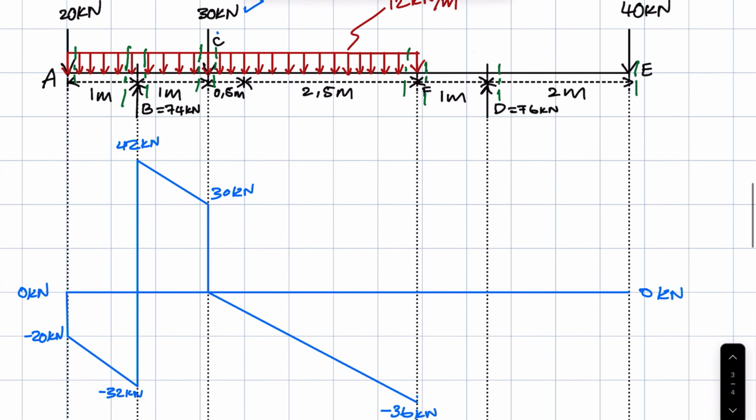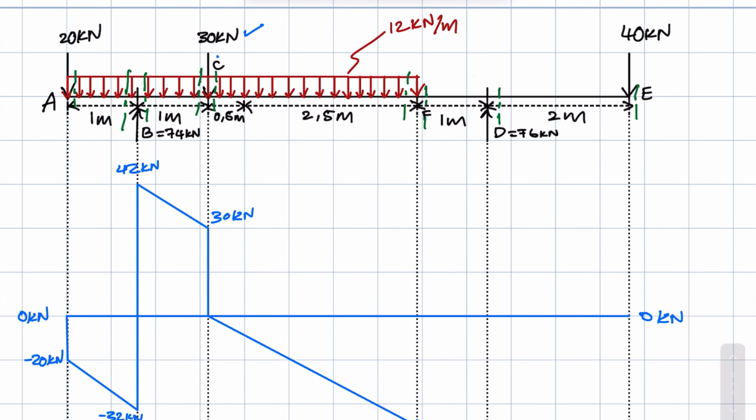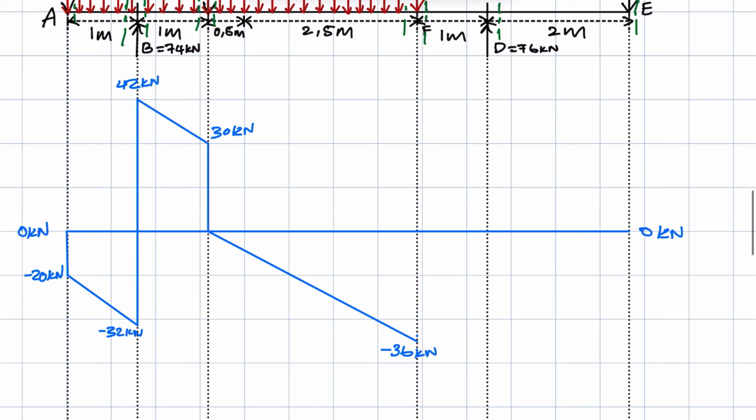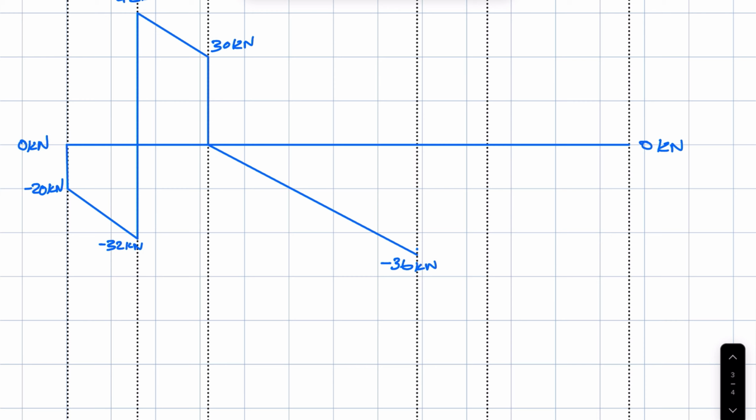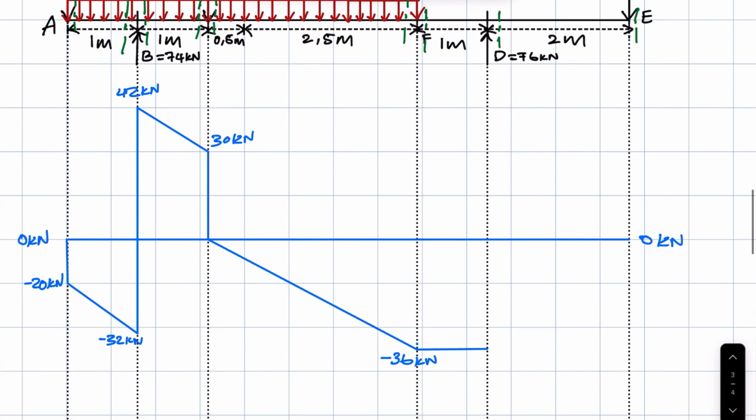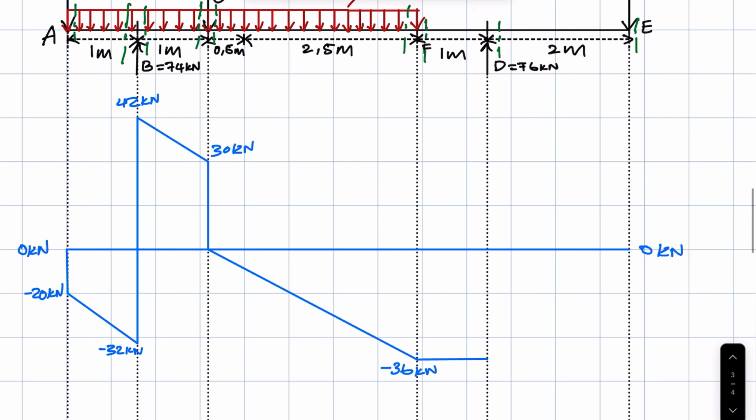Right, now going to point D. Because there's no UDL between F and D, we simply draw a horizontal line going straight across from point F to point D, bearing in mind that our reference is now minus 36.